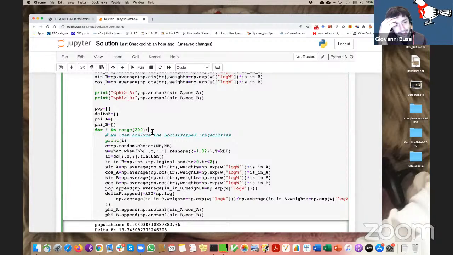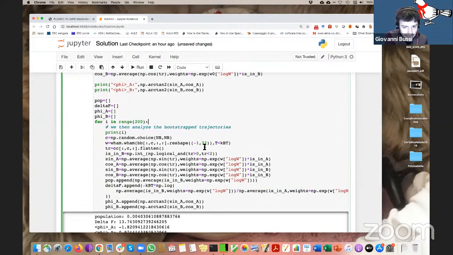I reanalyze each of these bootstrapped trajectories. The reason why this takes time is that I'm doing one every time, so I do 200 times one. This can be accelerated using some faster implementation of one, but this is reasonable. It only took a few minutes, so it's fine now.